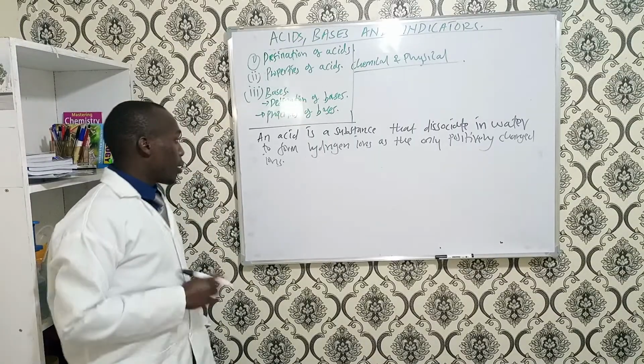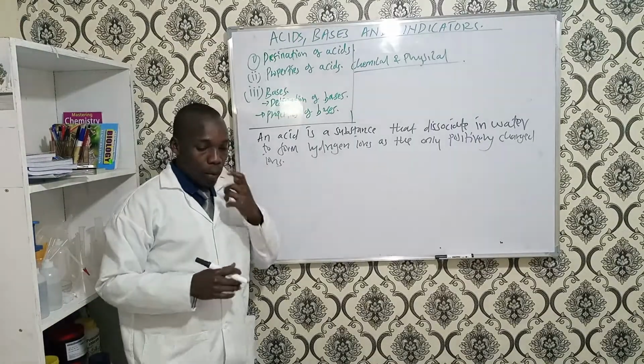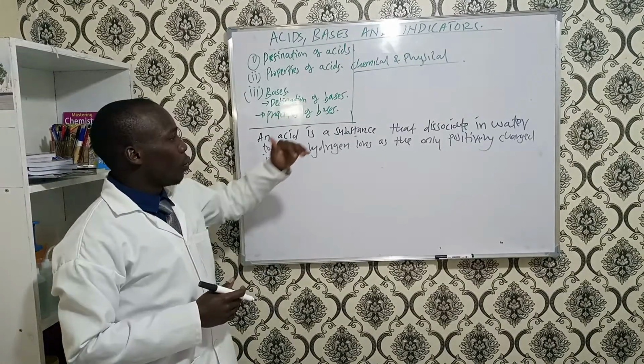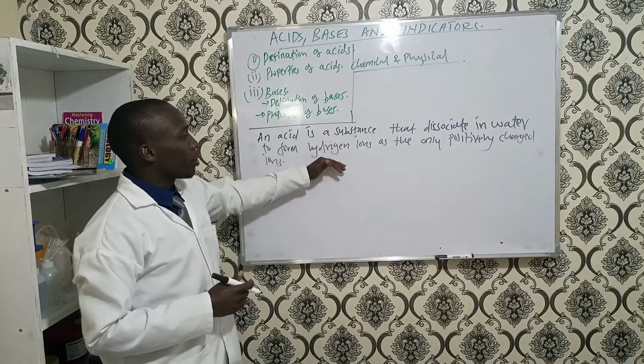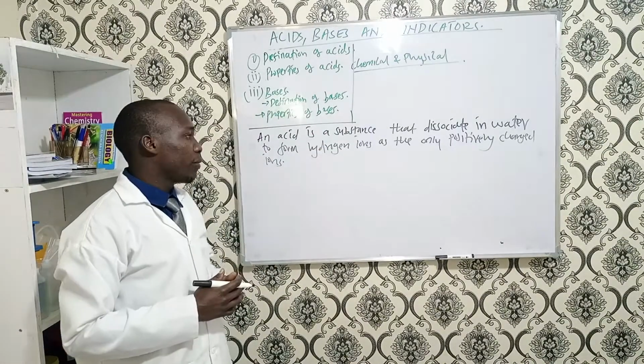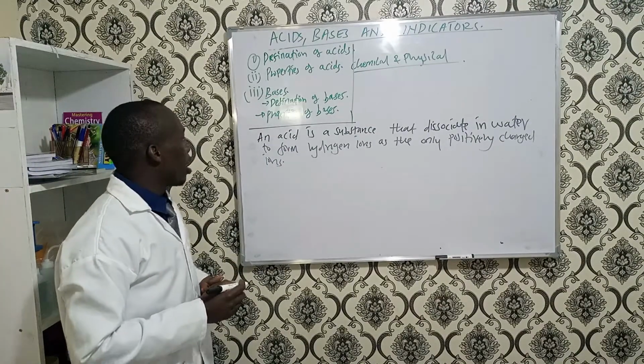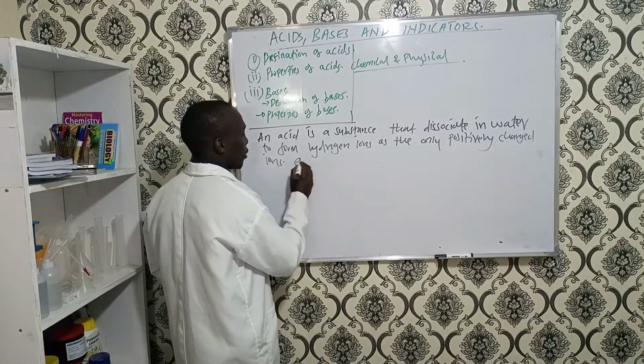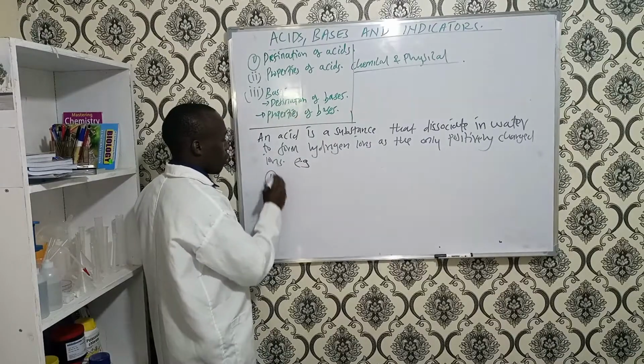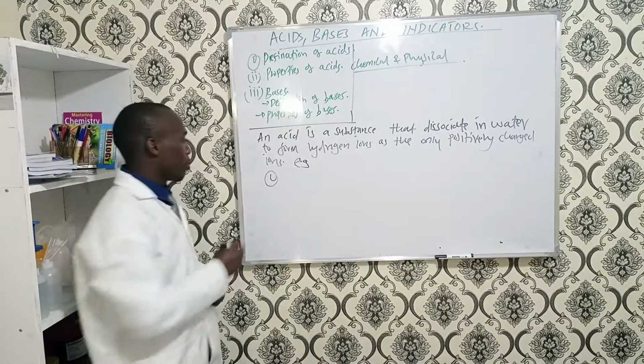So an acid basically is a substance that when you dissolve it in water will dissociate to give hydrogen ions as the only positively charged ions. And we have examples of acids. One of the common examples of an acid is hydrochloric acid.